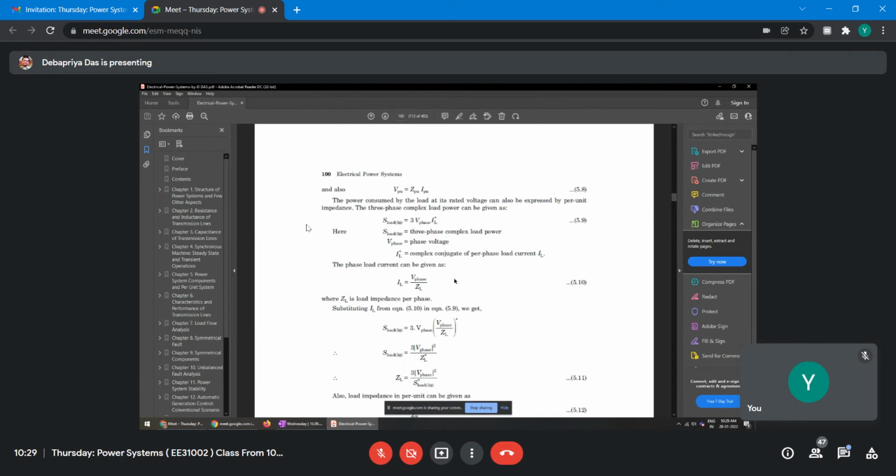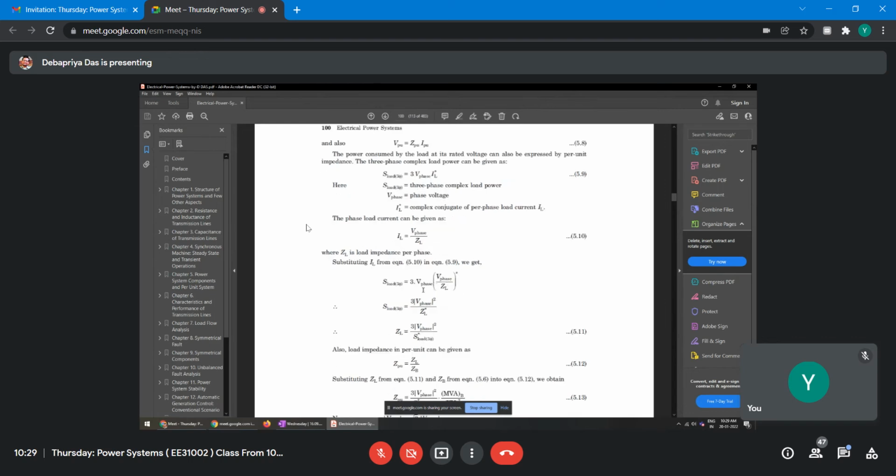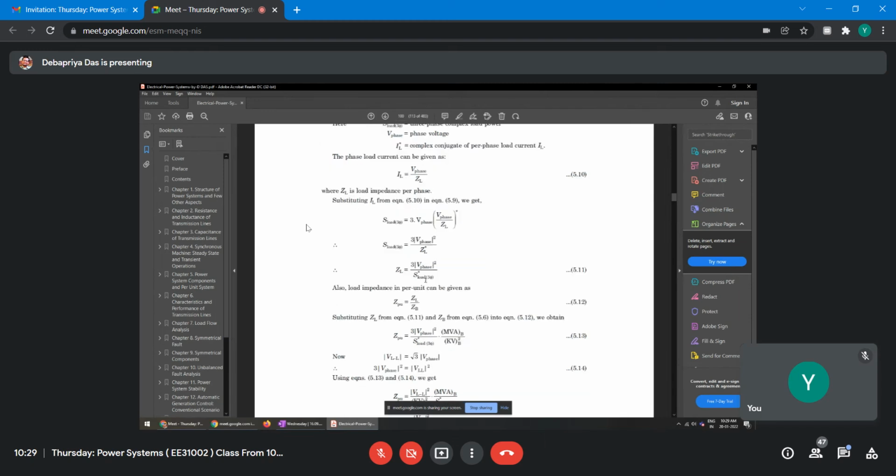Then you get S_load three phase equal to 3 into V_phase times V_phase conjugate upon Z_L conjugate, that is 3 into V_phase magnitude square divided by Z_L conjugate. Therefore Z_L is equal to 3 into V_phase magnitude square divided by S_load three phase conjugate. It is a complex quantity, because the denominator is complex and the numerator is real, so it will have the form R_L plus jX_L.